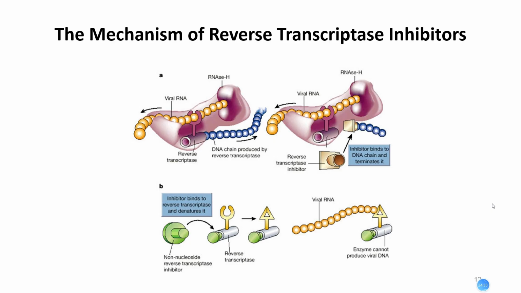While this inhibitor binds to the enzyme directly, the reverse transcriptase, so that no DNA can be made. We can design those inhibitors to block the reverse transcriptase activity so that we can inhibit the replication of the HIV virus.